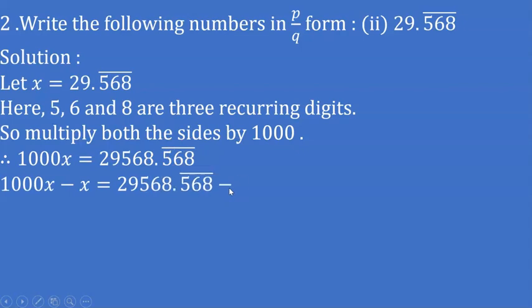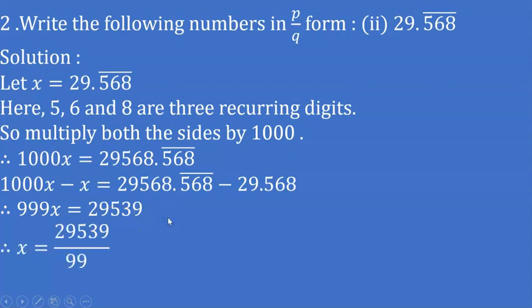Now subtract x equal to 29.568 recurring from this equation. That is 1000x minus x equal to 29568.568 minus 29.568. 1000x minus x, you will get 999x, and the subtraction of this gives 29539.